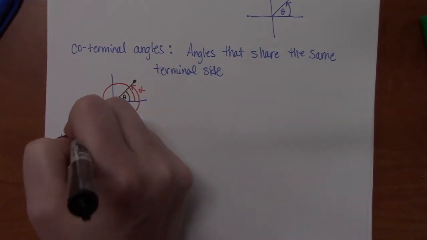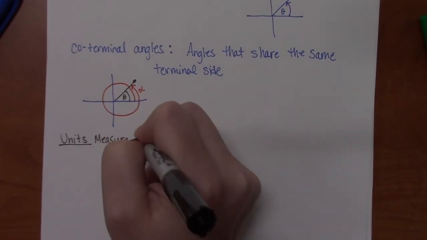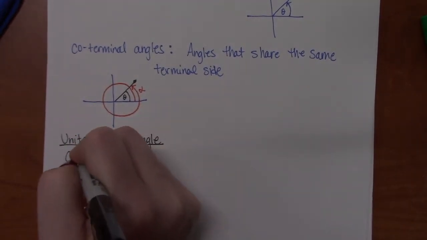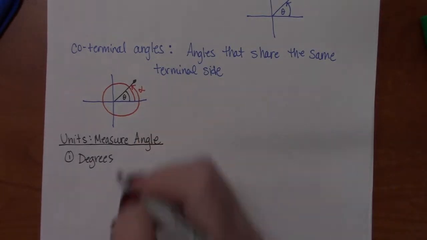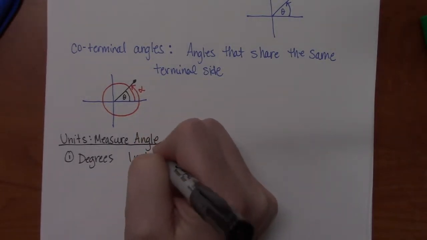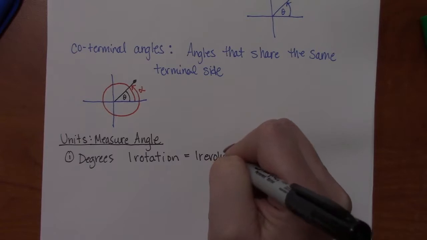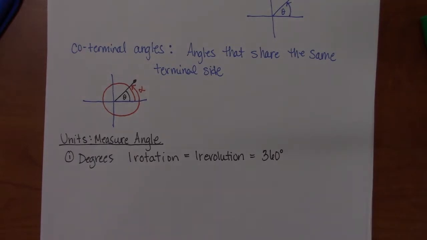So there are 2 units that we measure angles in. The first is degrees. And we say that one rotation, that's the same thing as if they say one revolution, and in angular measurement that's 360 degrees.